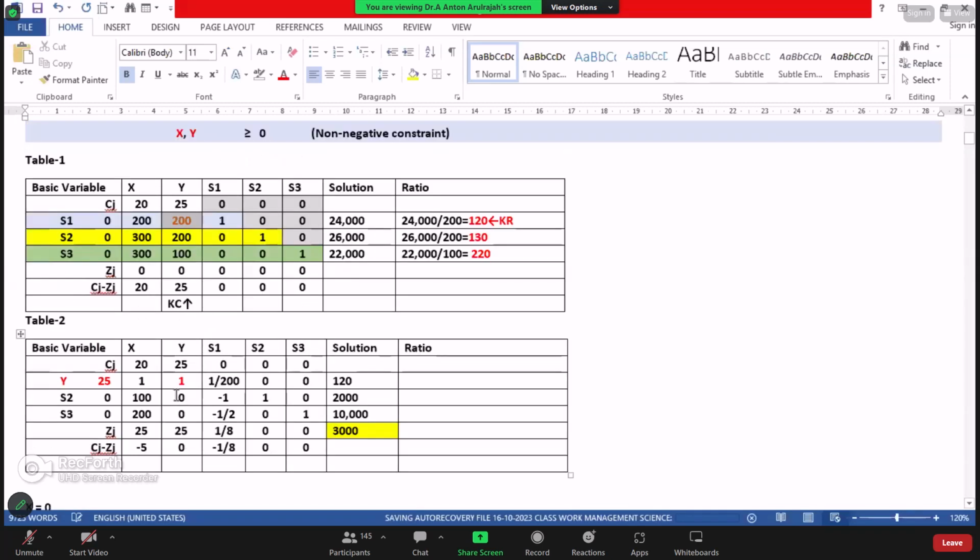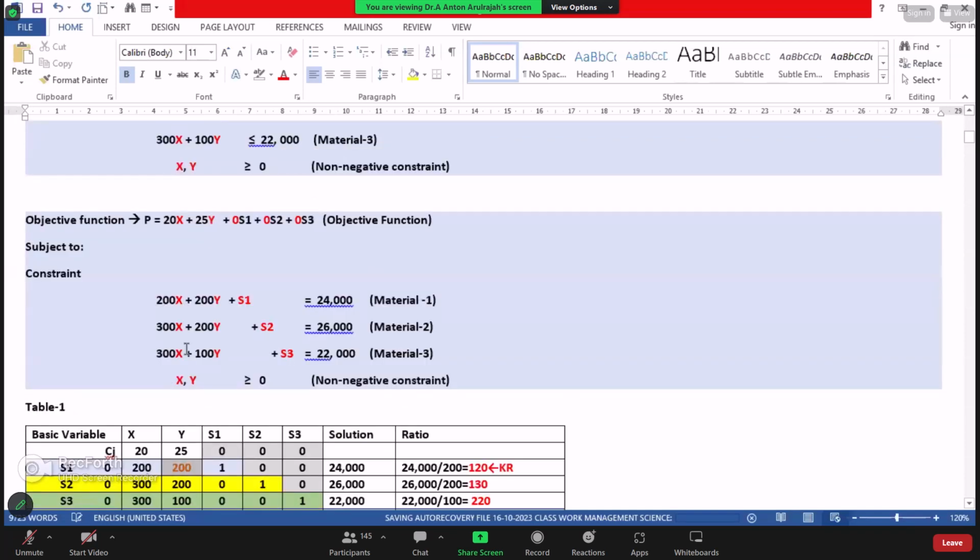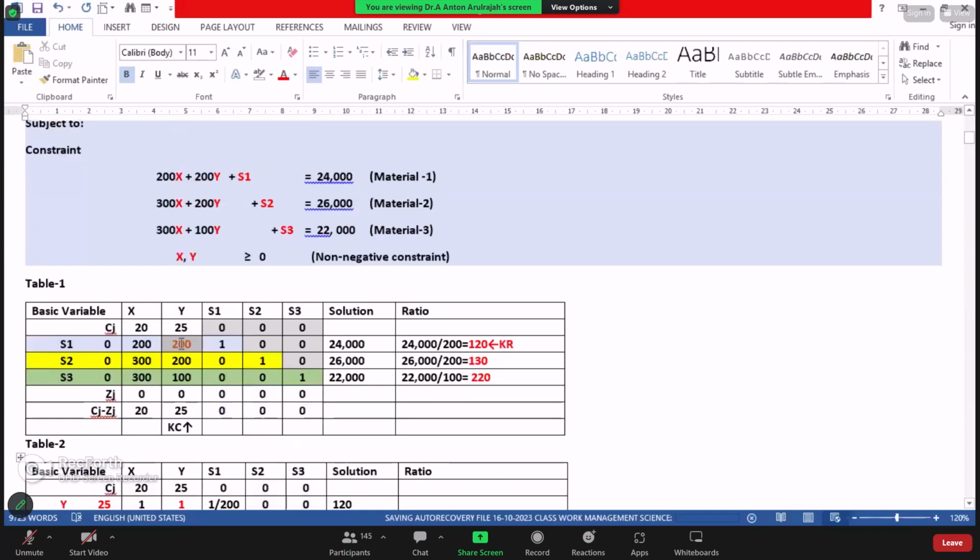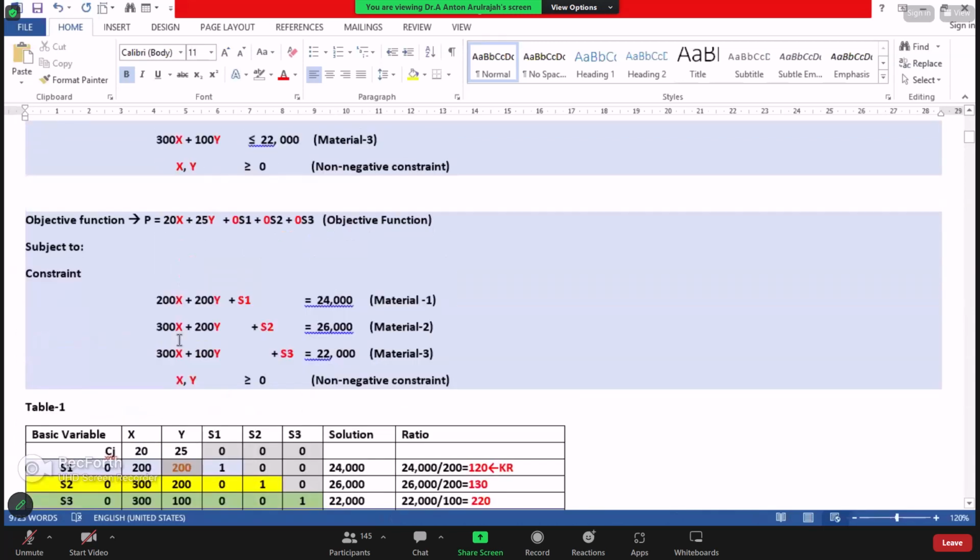Anyone? You are producing Y 120 units, then 200 into 120.